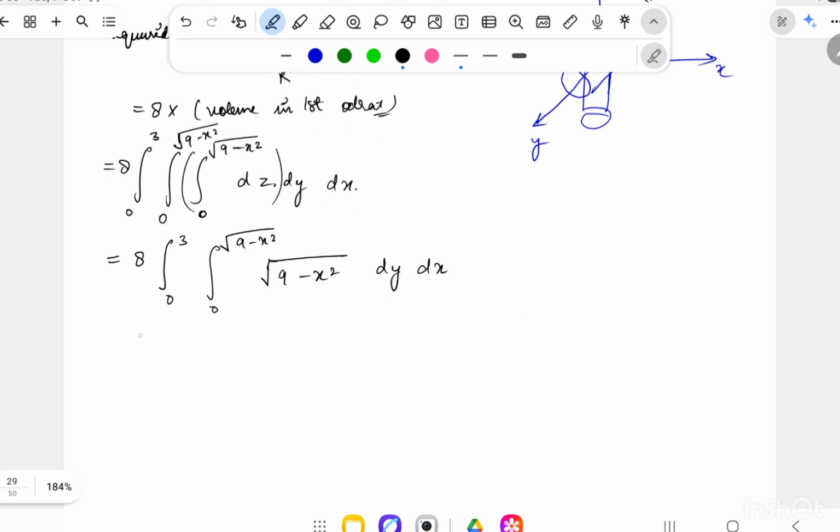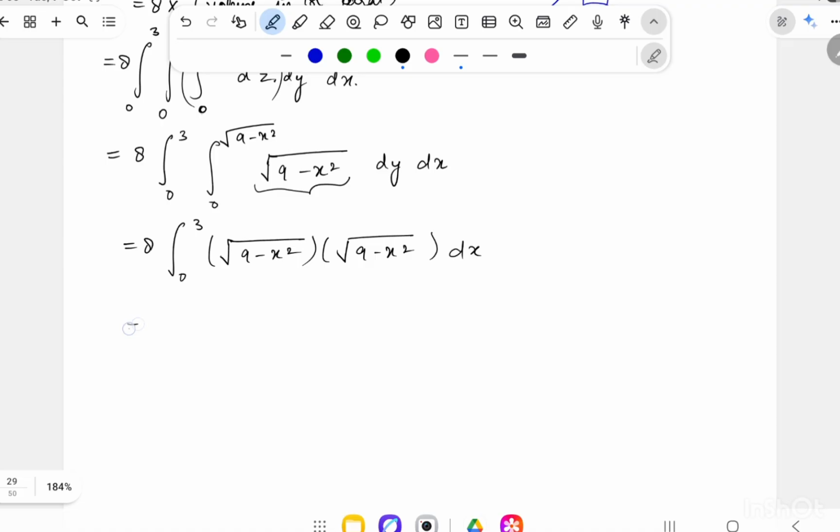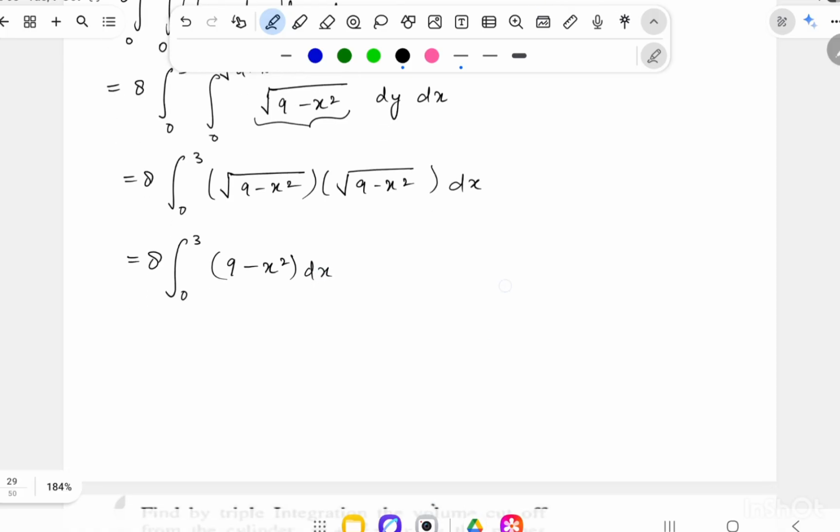So it is equals to 8 times integration from 0 to 3. Now there is no y involved in this, so we can treat it as constant. So it will give us 9 minus x square times under root 9 minus x square dx. Now this is equals to 8 times integration from 0 to 3, 9 minus x square dx, and if we solve it, it will be 8 times (9x minus x cube by 3), limit varies from 0 to 3.